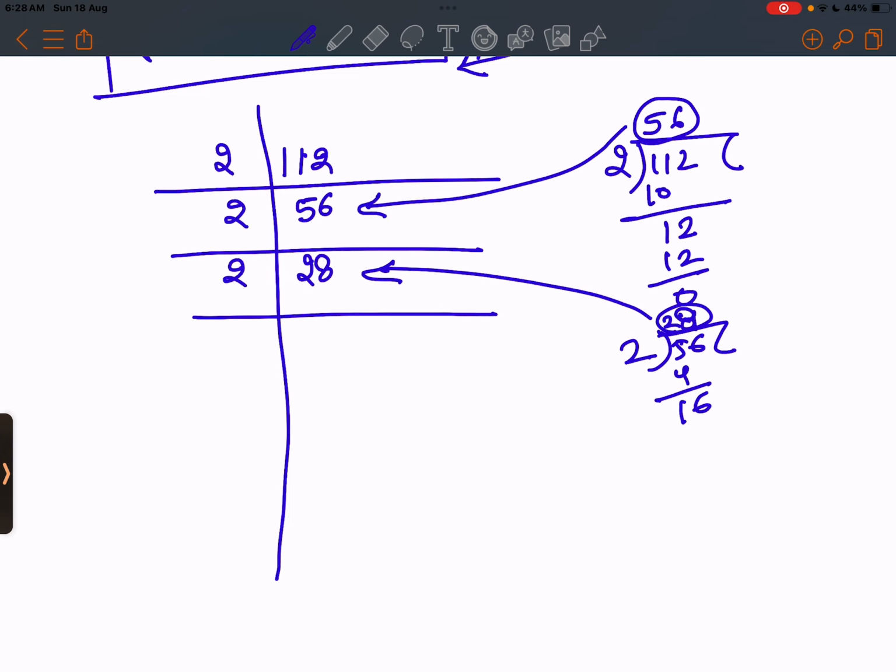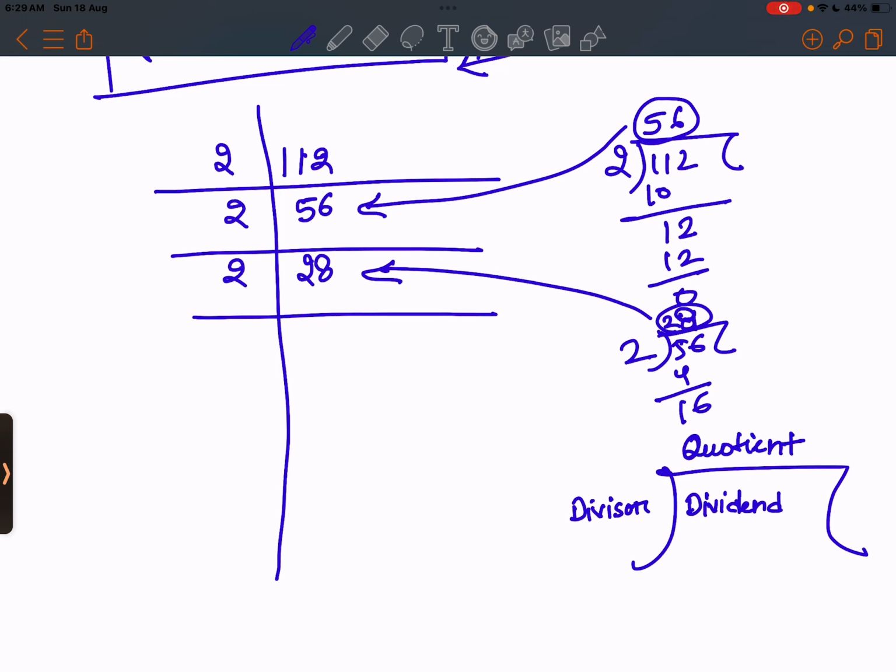Okay, what is the quotient in a division? There is a dividend and there is a divisor. The value that comes after the division is the quotient, and if there is any value other than 0 left, that would be the remainder.